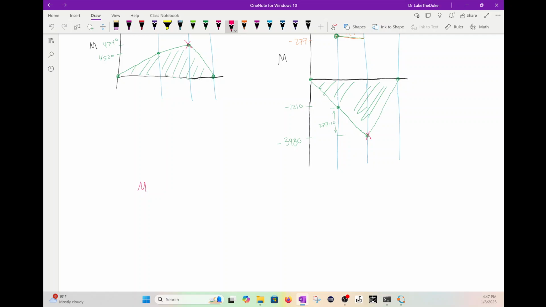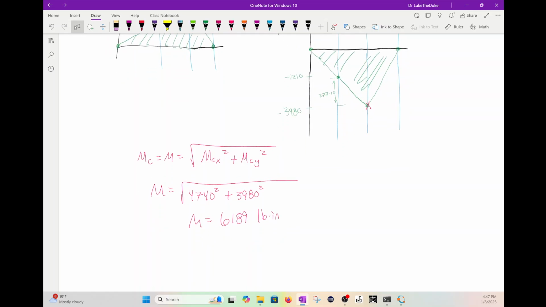So M is going to be MC, which is going to be square root of MCX squared plus MCY squared. This is 4740 squared plus 3980 squared, and this becomes 6189 pound-inch. And this is C, right?